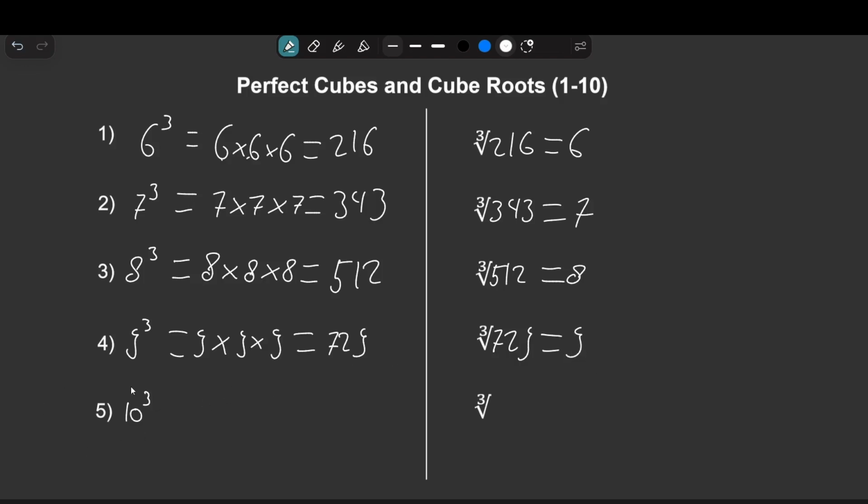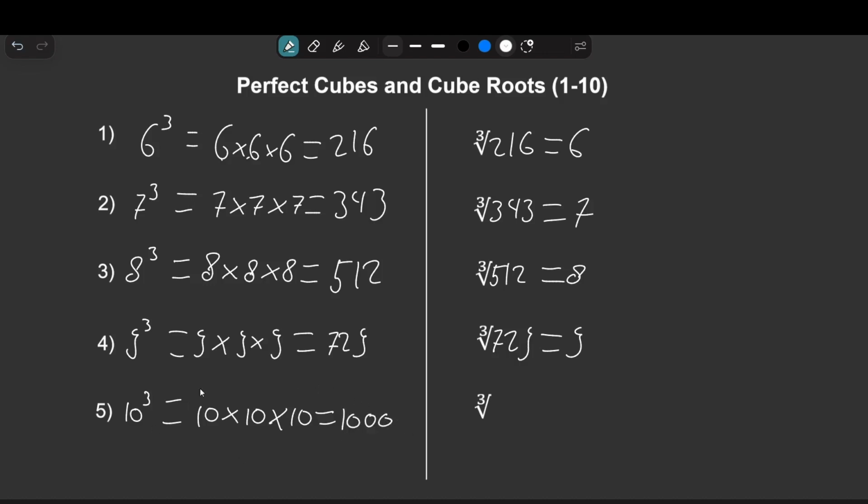And now to the last one. This one I find very satisfying because you get a very nice number out of it. So 10 cubed is 10 times 10 times 10, and we will get 1,000.